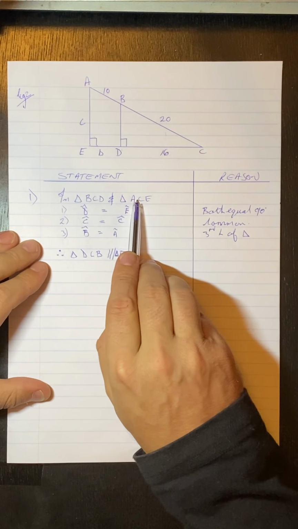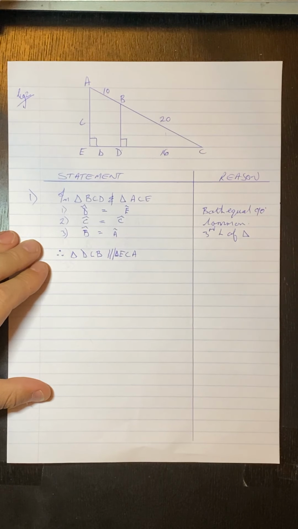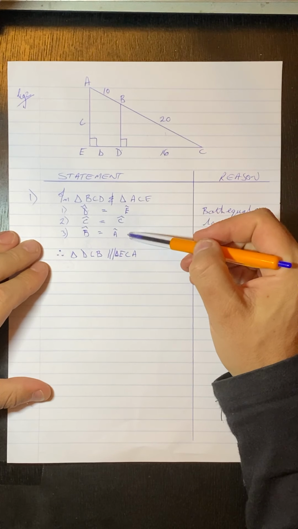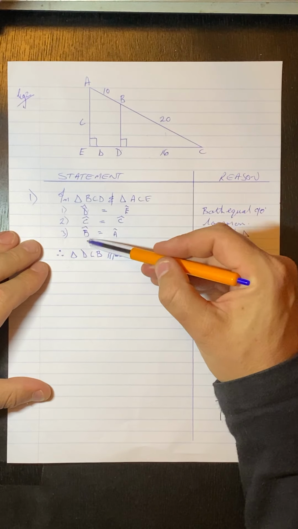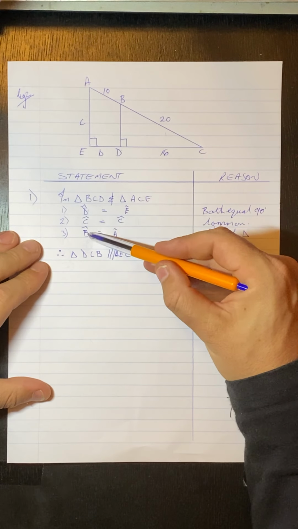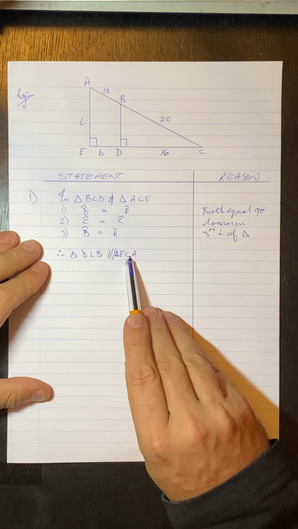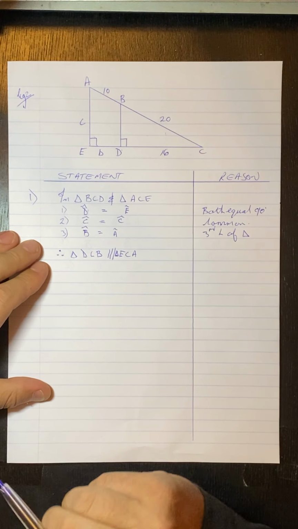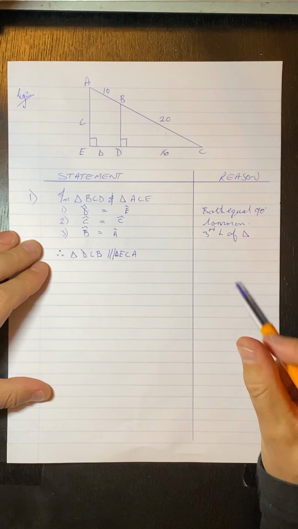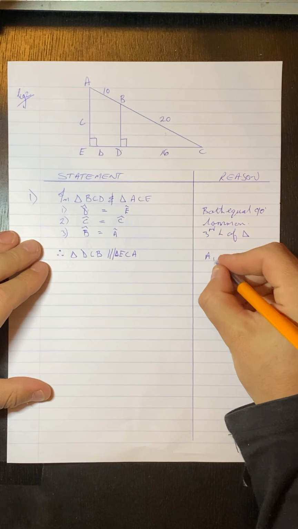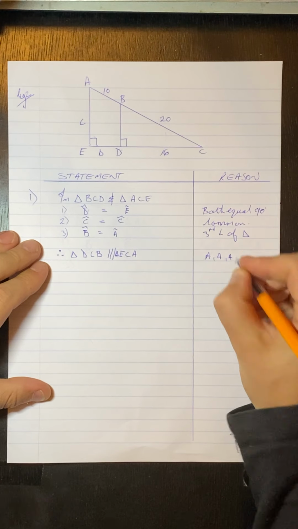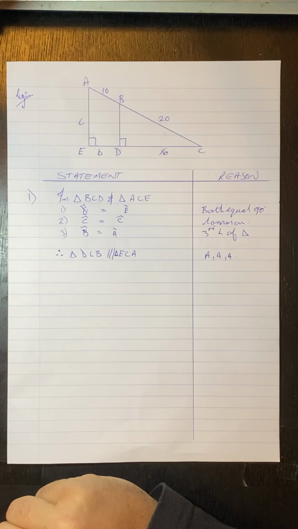How you list it over here is not important, but how you prove it is important, and you read it down like this. So DCB, ECA, and you won't get the order wrong. And our reason for this is angle, angle, angle. And we've proved the first one.